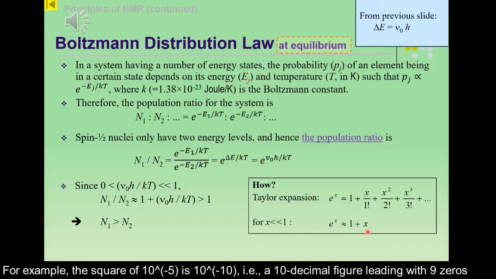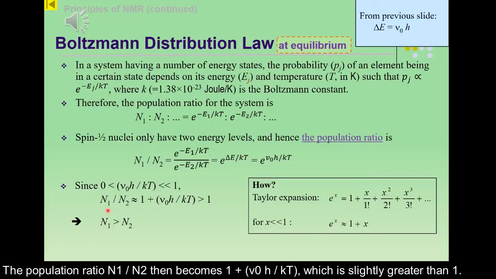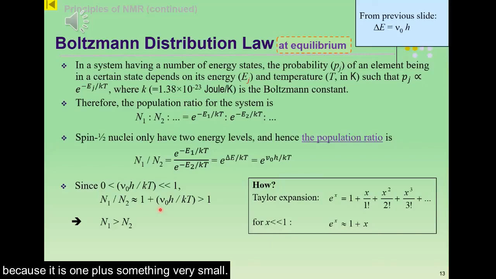For example, the square of 10 to the power of minus 5 is 10 to the power of minus 10, i.e., a 10 decimal figure leading with 9 zeros in the decimal, which is extremely small, of course, and can be ignored. The population ratio N1 over N2 then becomes 1 plus bracket V naught H divided by KT, which is slightly greater than 1 because it is 1 plus something very small.